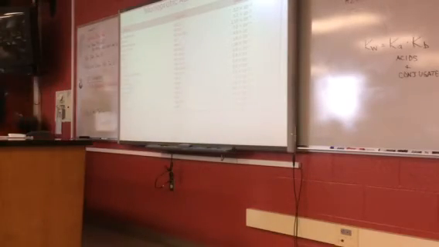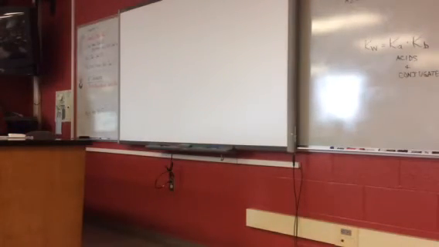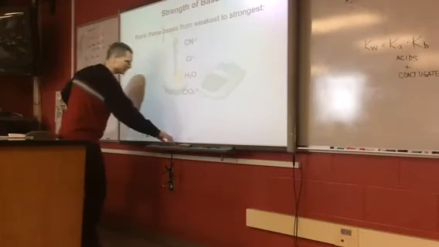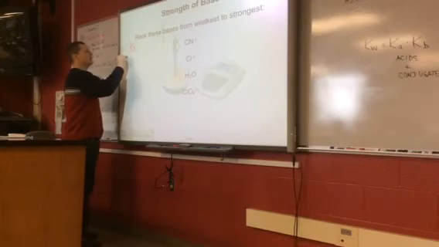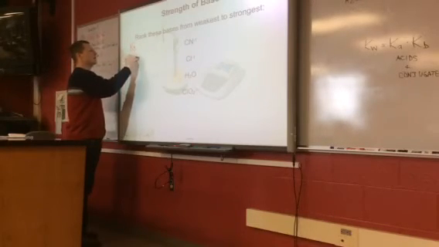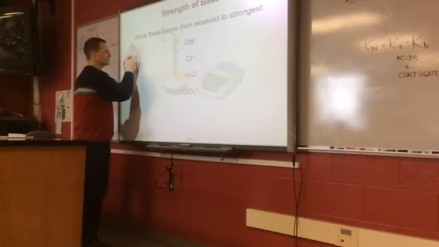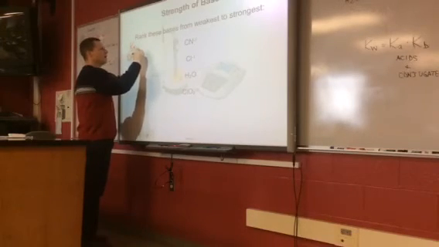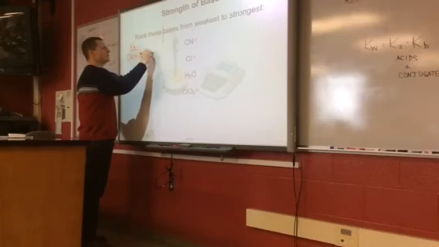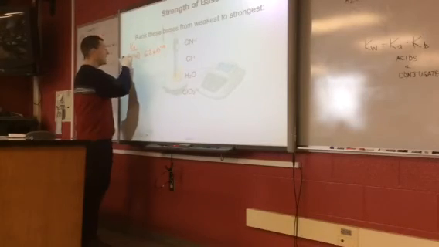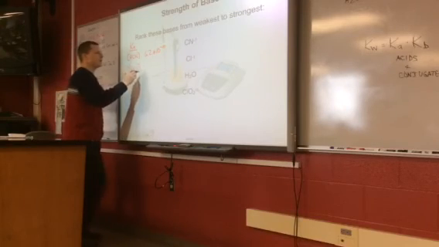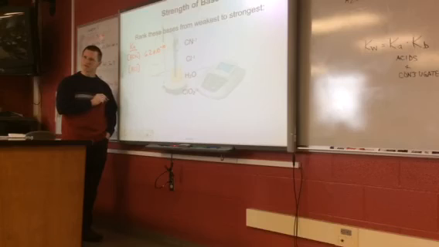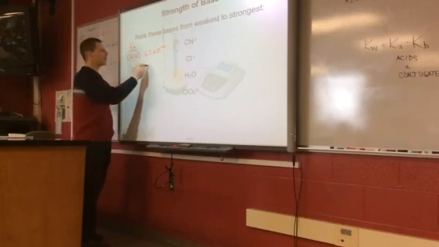So I'm going to go back to this, and over here on the left, I'm going to write down what the Ka values are for HCN. That one, HCN, was 6.2 times 10 to the -10th for Ka of that thing. HCl. Now, what's the Ka of HCl? Infinity. Yeah, it completely breaks apart, so it is infinity.